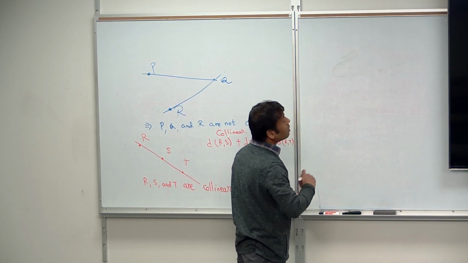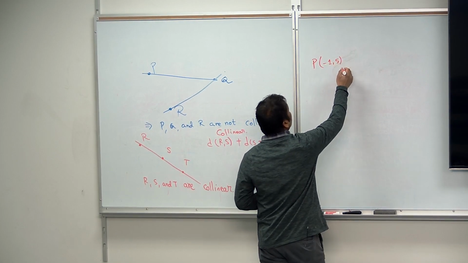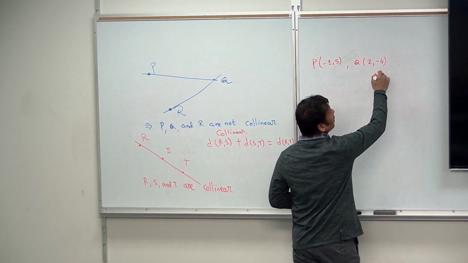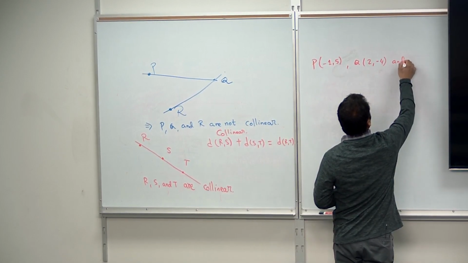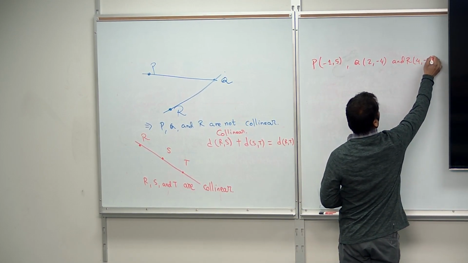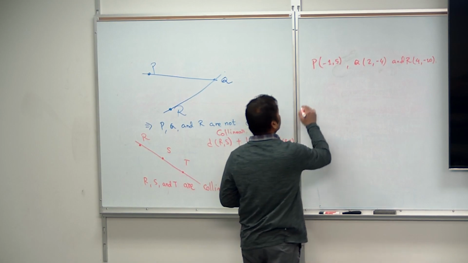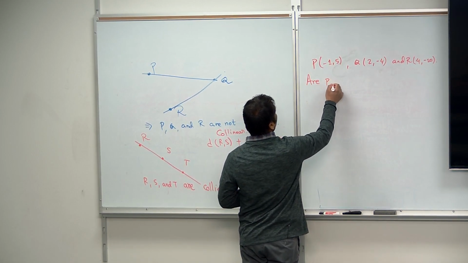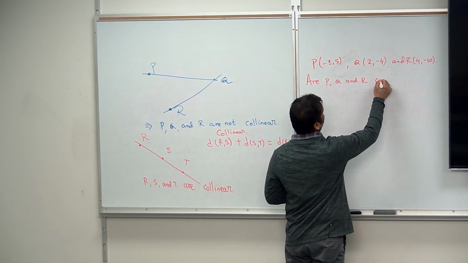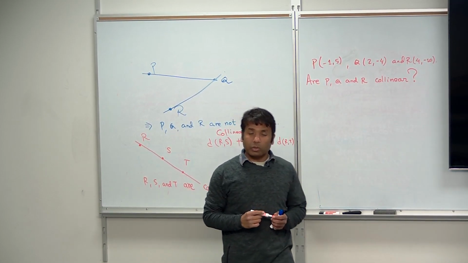You have the point P (-1, 5), the point Q (2, -4), and the point R (4, -10). You have to determine, are P, Q, and R collinear? So this is the question to answer, okay?